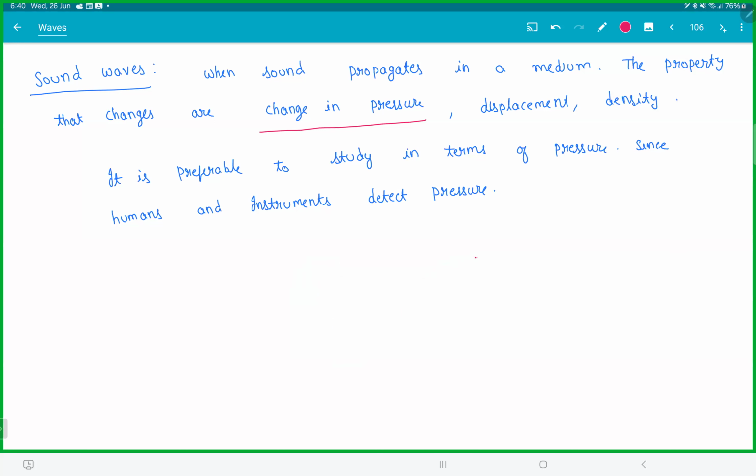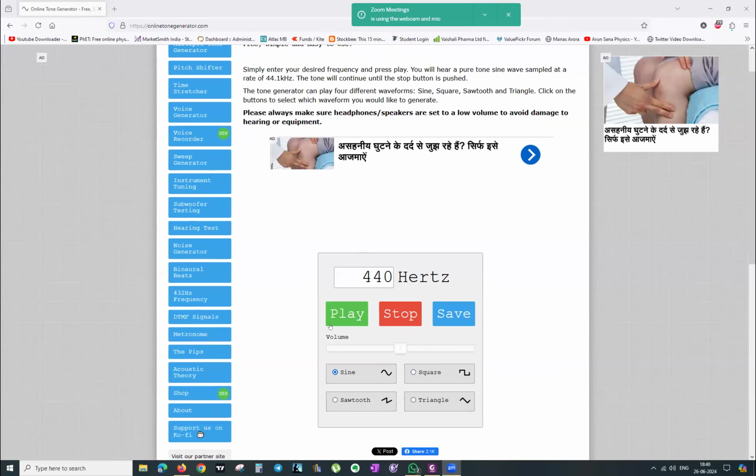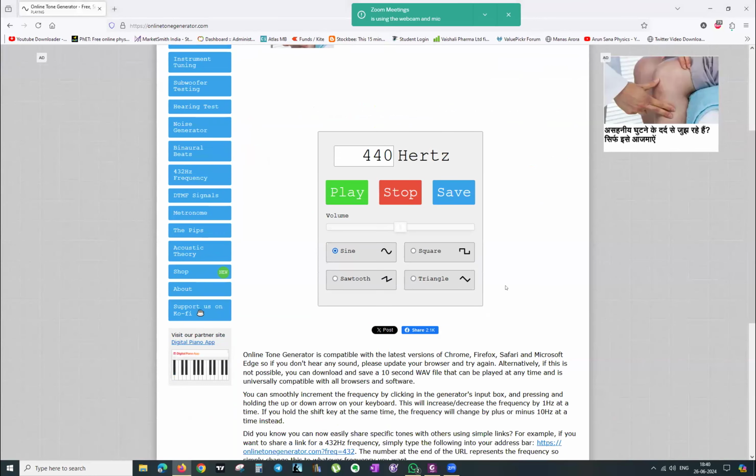Let me see if I can get something to irritate your ears. This should work. Able to hear? This is 440 hertz, right? And this is the volume. See, this is high intensity.